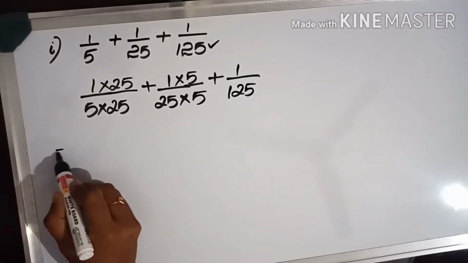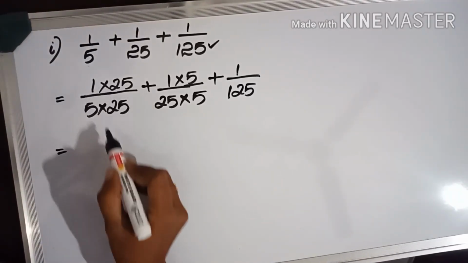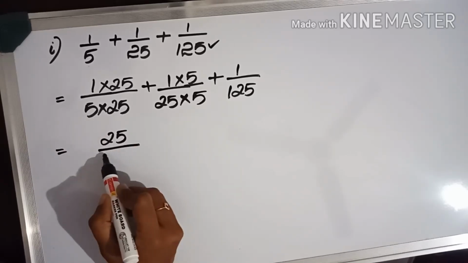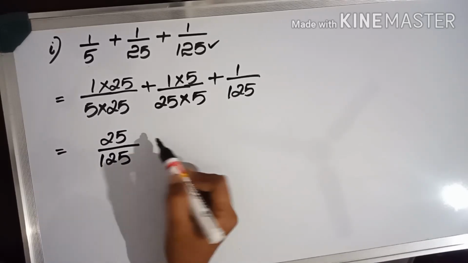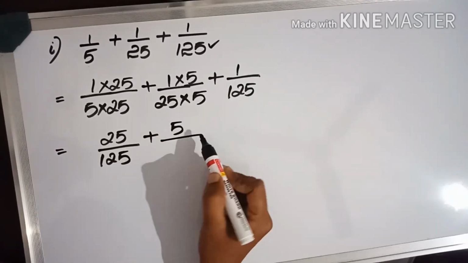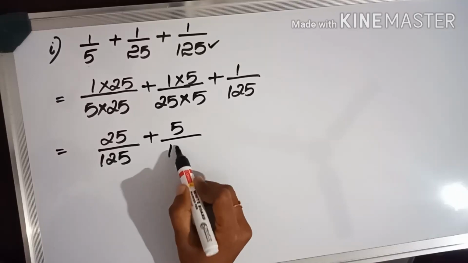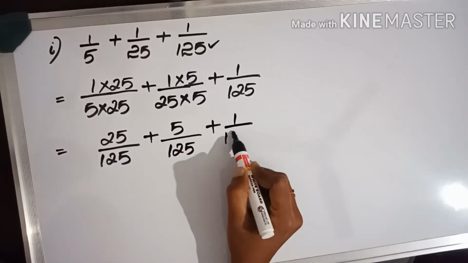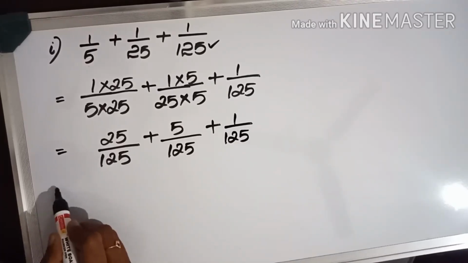Now we need to simplify this. 1 into 25 is 25, by 5 into 25, that is 125, plus 1 into 5, that is 5, divided by 25 into 5, that is also 125, plus 1 by 125.